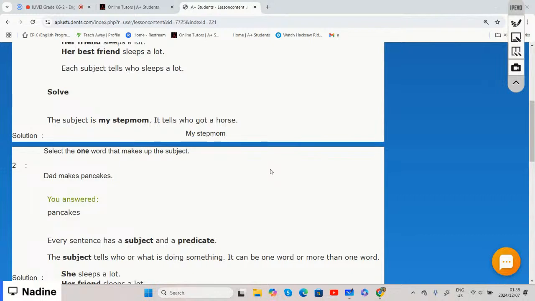What is our subject within that sentence?